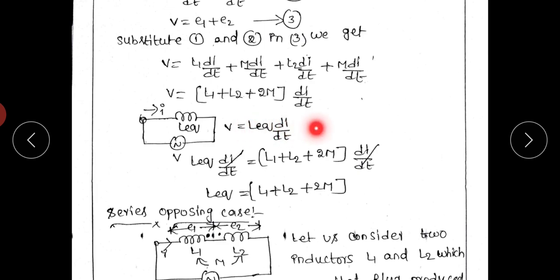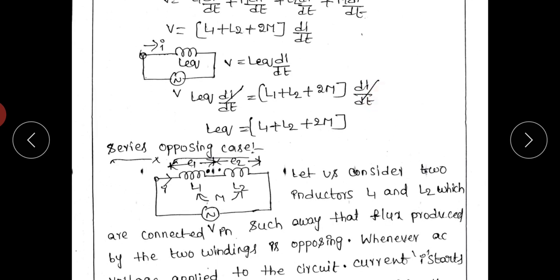By equating these two equations we get L equivalent into di by dt equals L1 plus L2 plus 2M into di by dt. On both sides di by dt cancels. So finally the equivalent inductance equals L1 plus L2 plus 2M. In series aiding connection, the equivalent inductance equals L1 plus L2 plus 2M.